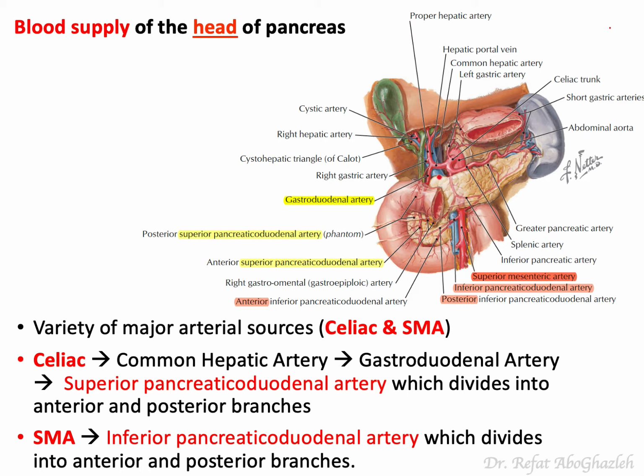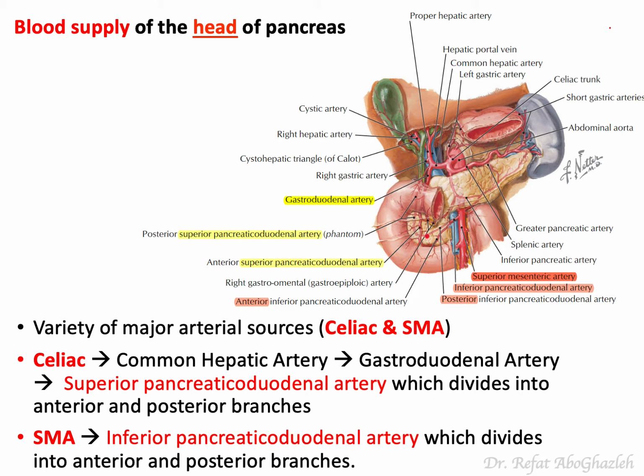I think you say yes. Its blood supply is from the celiac trunk and the superior mesenteric artery. Well, guys, I would like to reiterate again, it's very close, or I would say the same as the blood supply to the head of the pancreas.